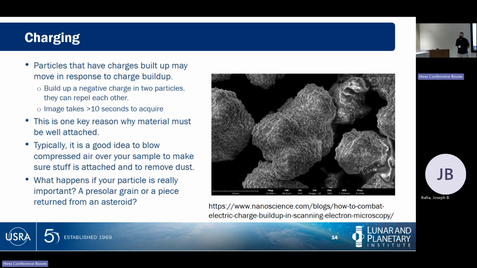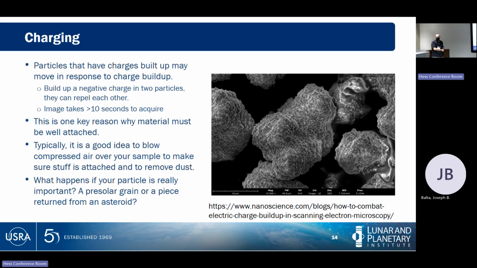Another thing to think about is, if we're working with a finely powdered or finely grained material, if this material develops a negative charge and this material develops a negative charge, they will want to move apart because they will begin feeling each other's charge.